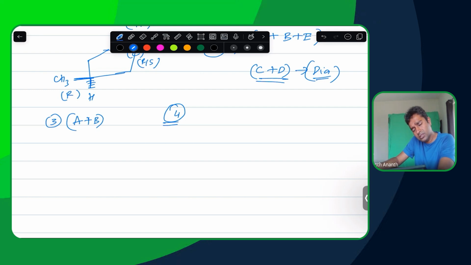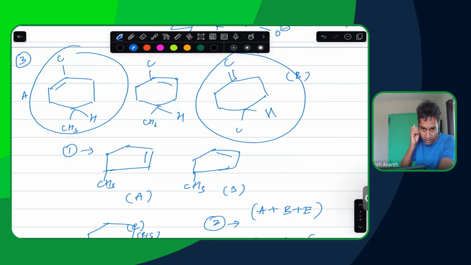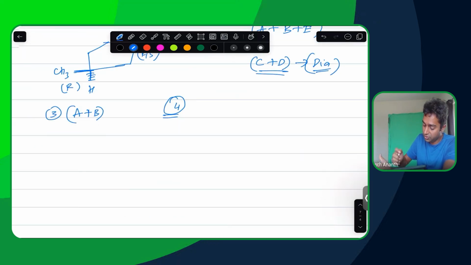And is it chiral? No, it's not chiral, because both sides are same. Okay, that is where things change. Yes, 4 is possible. I made a mistake here, and the third option is possible. I assumed that that location is chiral. That is not chiral.